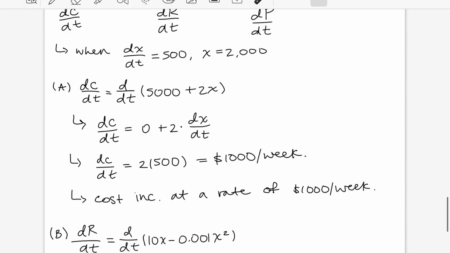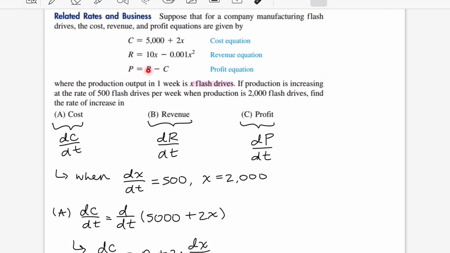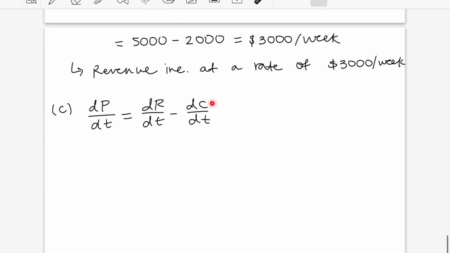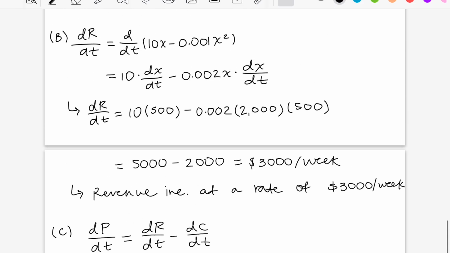So what we're doing is just taking the derivative of this guy with respect to t. And so we get this here. And we already know from parts A and B what dr/dt and dc/dt are, so we can just put those in there. dr/dt, remember, at 2,000 flash drives changing at a rate of 500 per week, we found that dr/dt was 3,000.